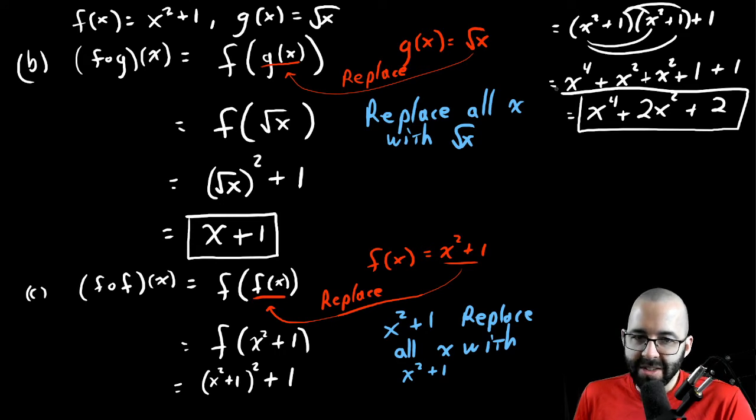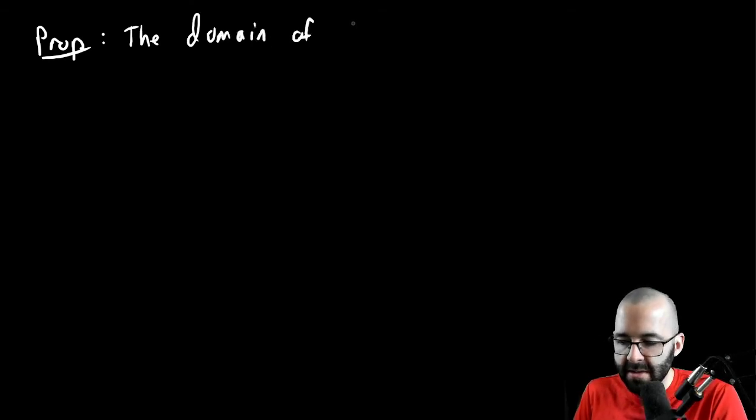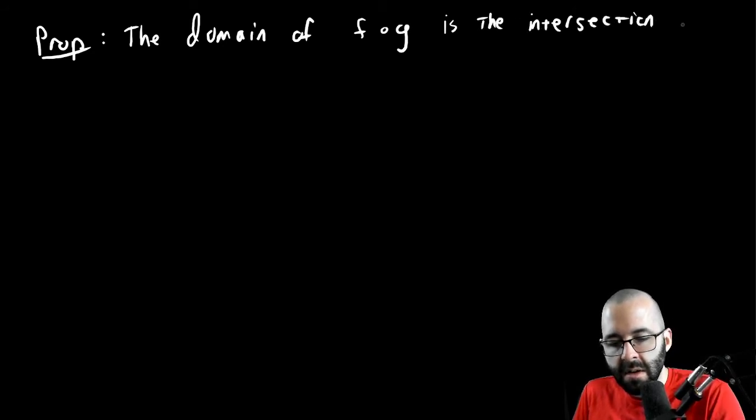And to make matters worse, we're going to talk about domain now. So let's do another property here. The domain, the set of all the input values, the set of all the things we can plug in of f of g is the intersection of two things.